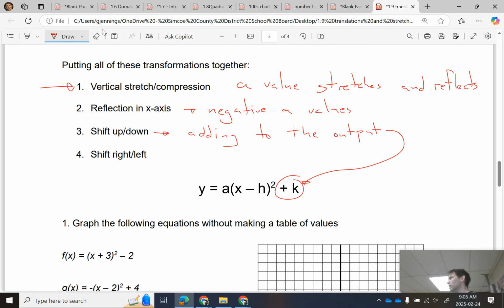It shifts the whole value of the function either up or down. Okay? If you want to move that function left or right, it has to be in there with the x value. So if you want to shift right or left, that's the job of h. If we add or subtract to the inputs of the function, you are shifting it left and right.